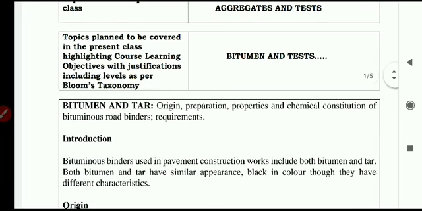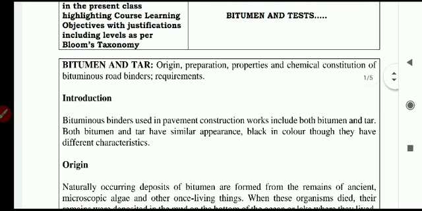So the first concept is bitumen and tar. Here we will differentiate between bitumen and tar. What do you mean by bitumen? We'll get to know, and we will define what you mean by tar. Bitumen is a black product which is obtained from fractional distillation of crude oil, whereas tar is also a viscous material which was used in the construction of highways.